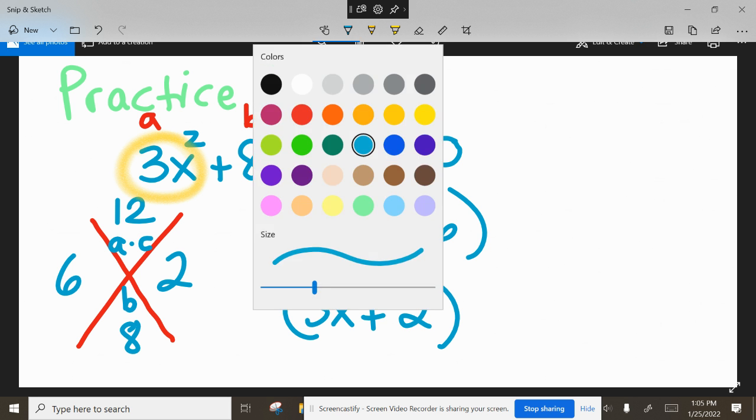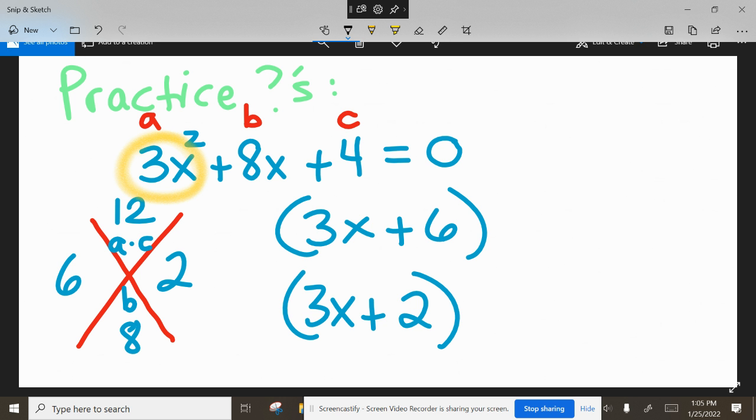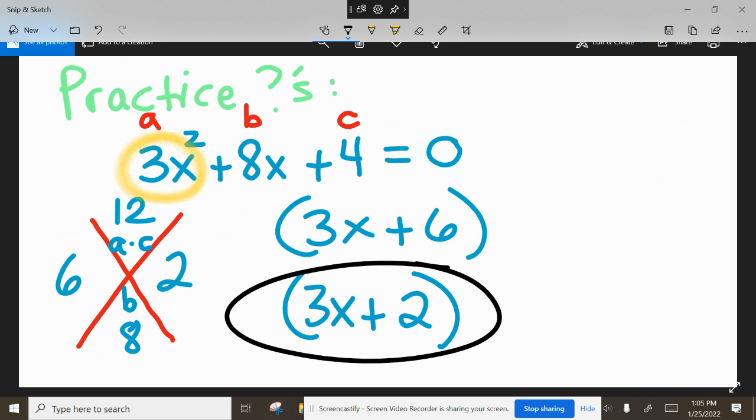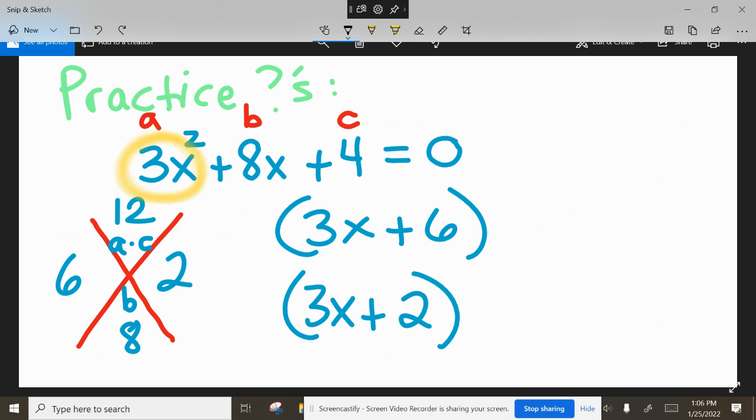Now, the last final step you have to do with just this first part is look at both these. Can these be written smaller? Is there a greatest common factor out of that? Can you simplify either one of those? 3, does 3 go into 2? Of course not. But 3 goes into 6, so I can take 3 out of this. So if I take 3 out, I divide it out, what's left?